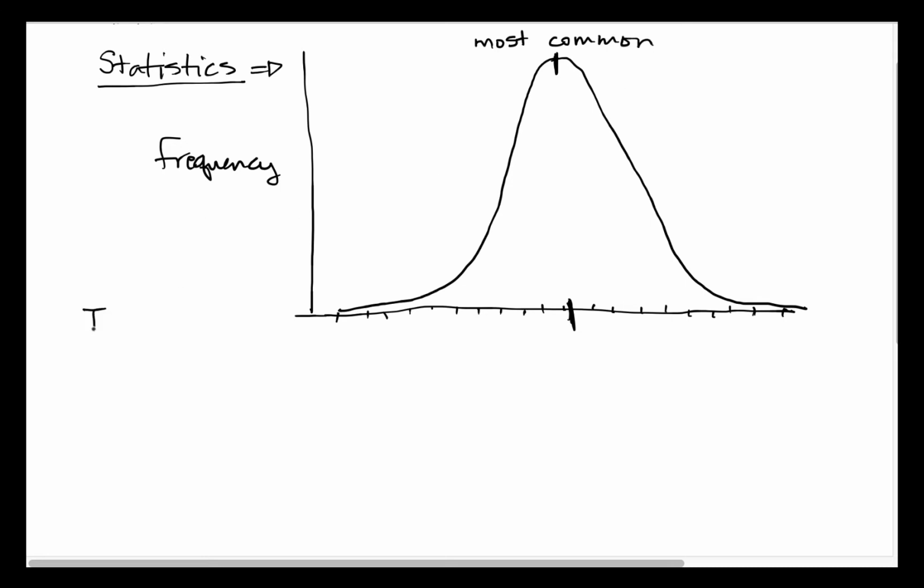And if we take an infinite number of measurements, obviously that's not possible, then this overall kind of bell curve shape is able to be expressed using the Gaussian mathematical function.